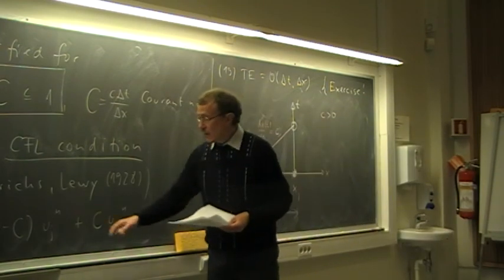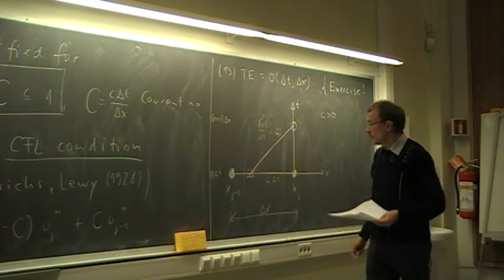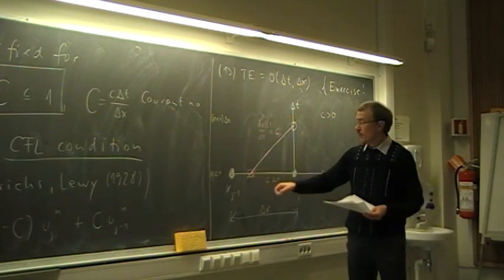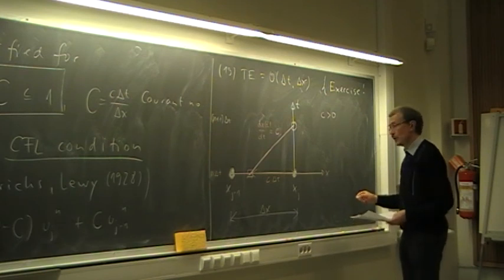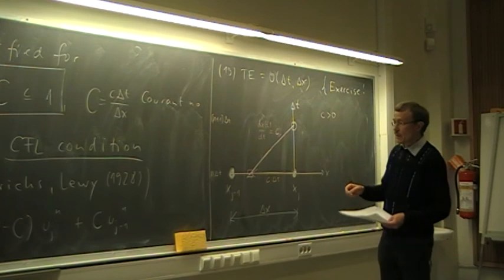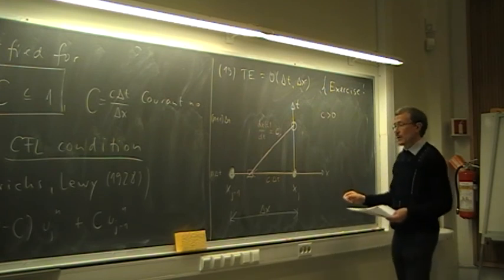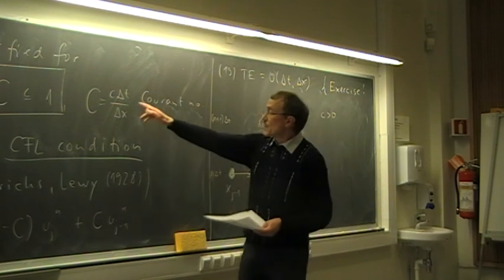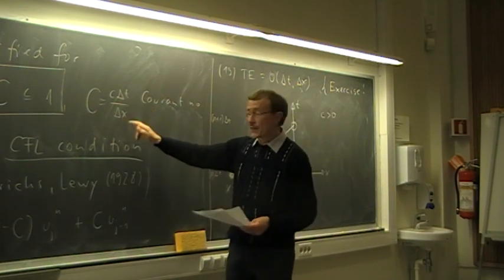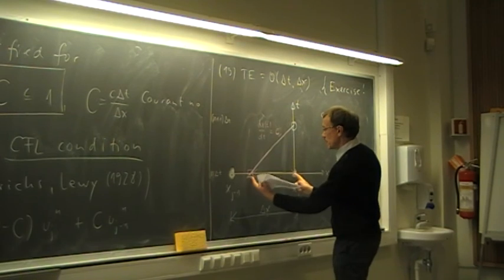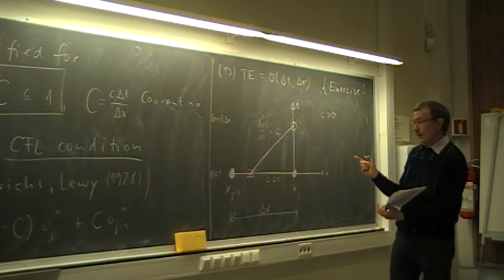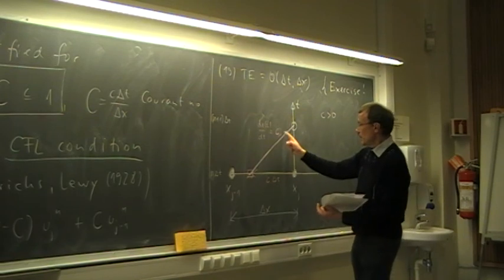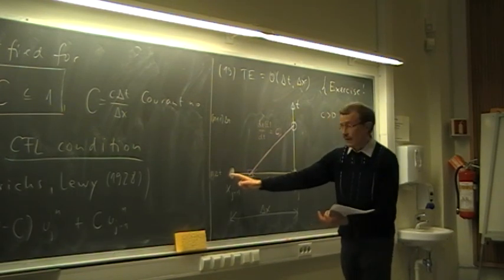And this is actually then, as you see, an interpolation of the value at this point. Because c is, as we said here, c delta t over delta x. So if we have this equal to 1, then it means that the characteristic will come from this point here.